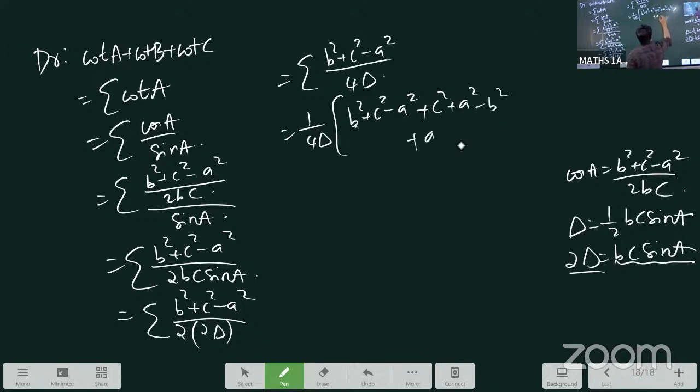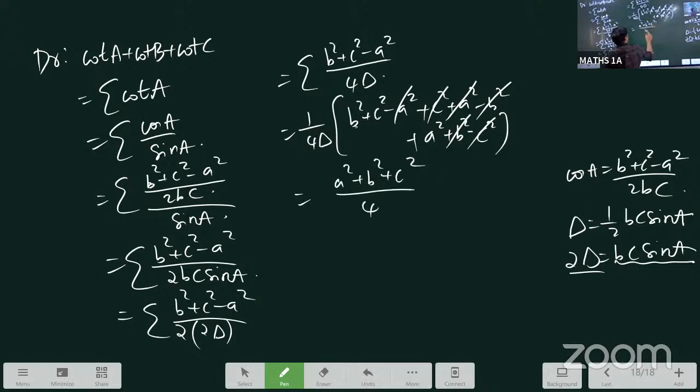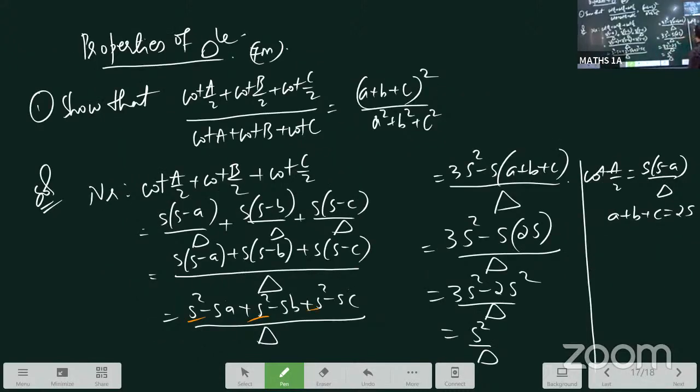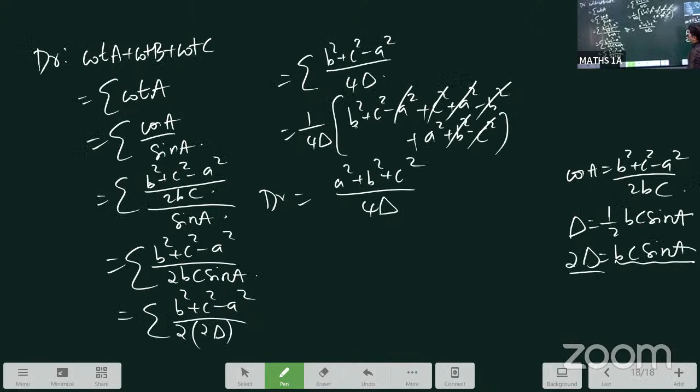Plus A square plus B square minus C square, that is your third term. Is it clear? Now the B square terms cancel, and the A square and C square terms combine. So what is left out? A square plus B square plus C square by 4 delta. This is your denominator. So just now I said, your numerator, what did I get? S square by delta. Your denominator, what did I get? A square plus B square plus C square by 4 delta.